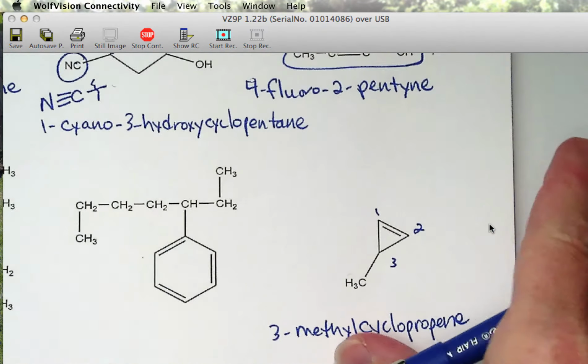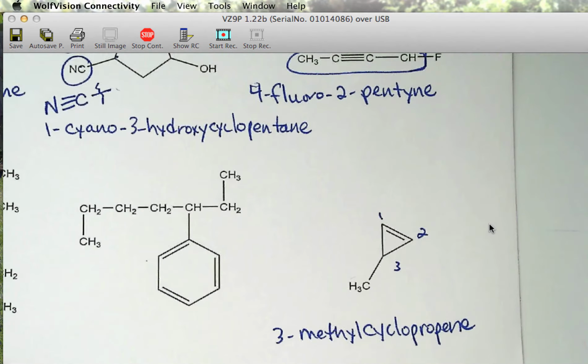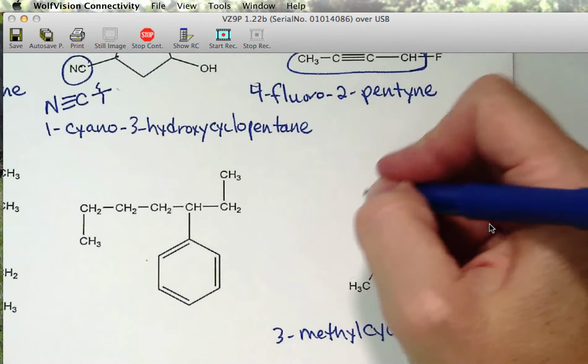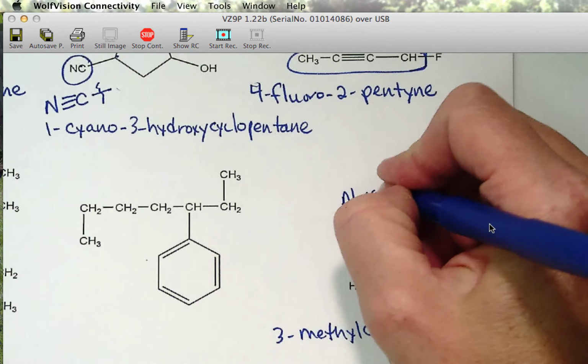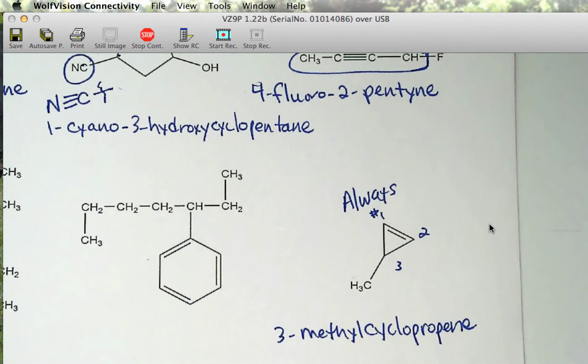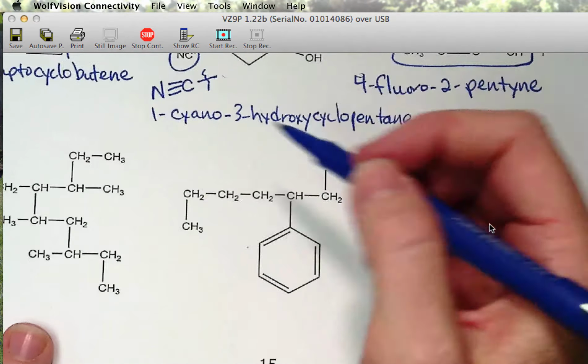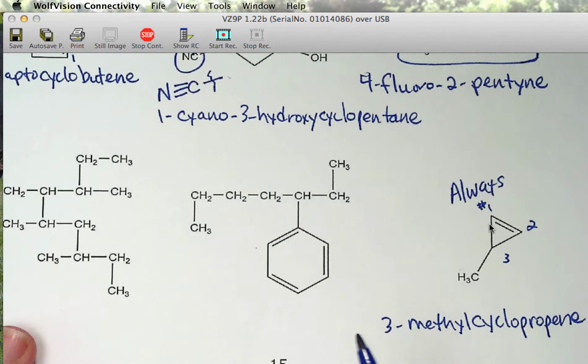Natalie: So if it's on a cycle, you don't have to put like 1-cyclopropene? No, because the double bond is always number 1. Okay, so you don't have to. Okay, the center one, I get a lot of questions about this one.